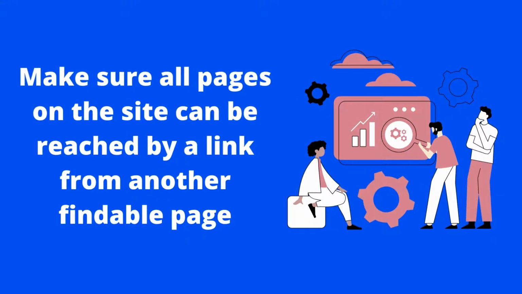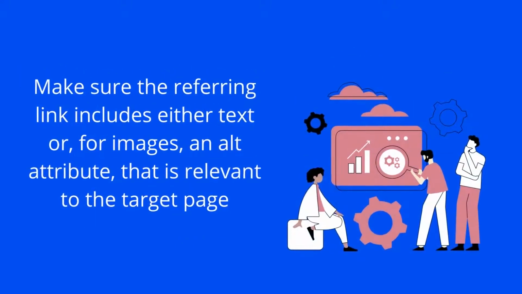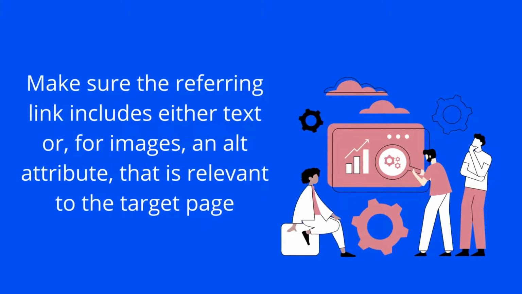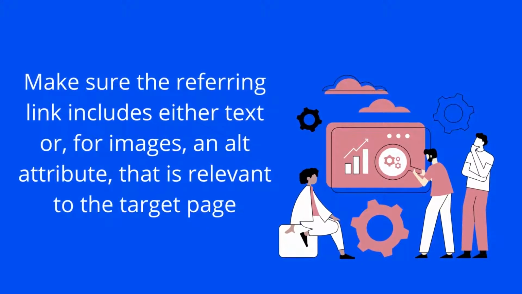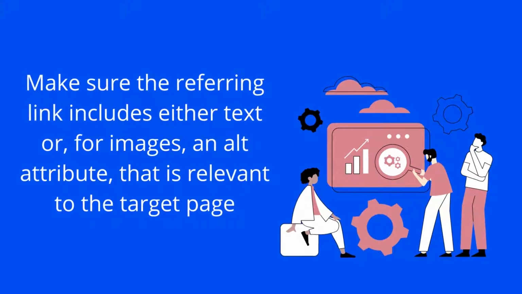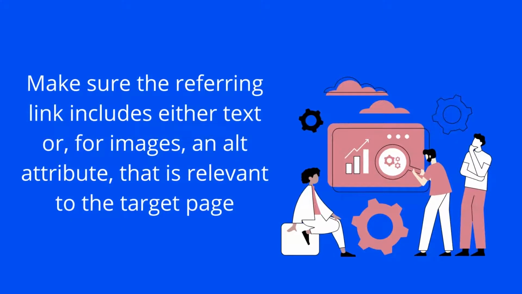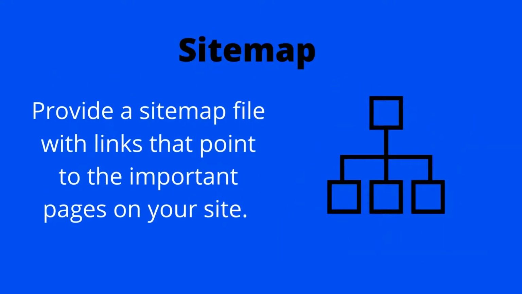So try to make sure that your pages do not have too many links. Make sure that the referring link includes either text or an image, and that it has an alt attribute in there and is easily crawlable for the Google search engine and spiders.